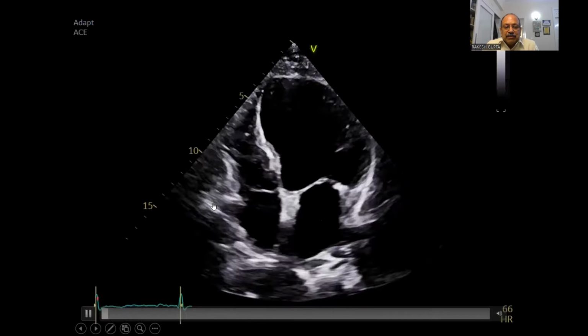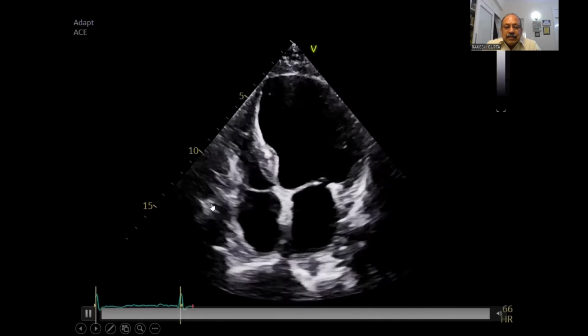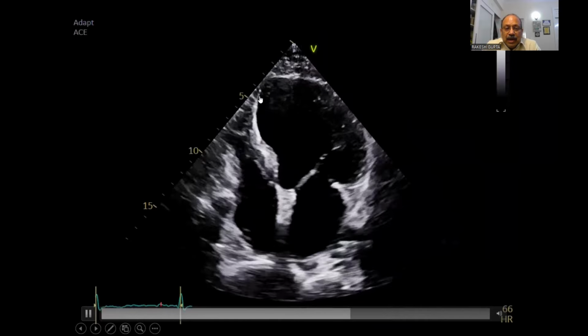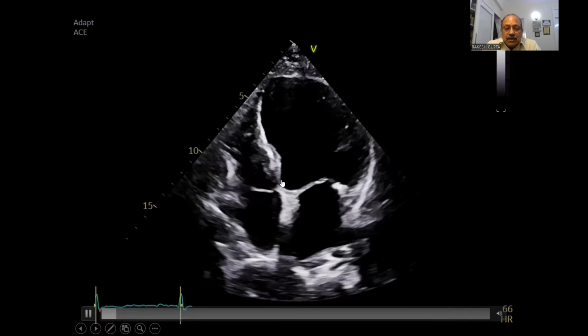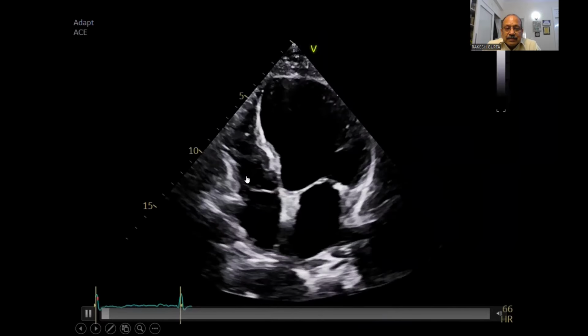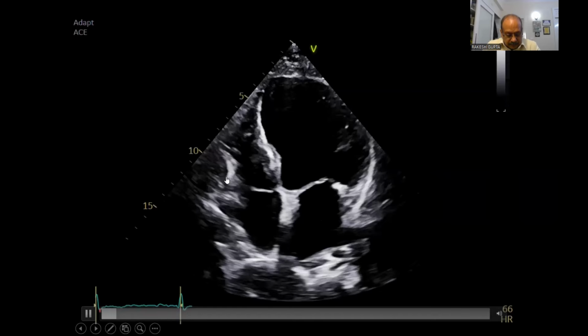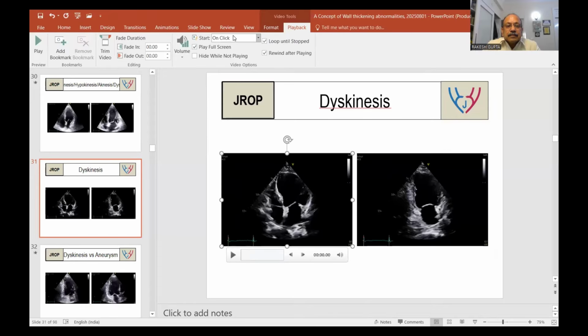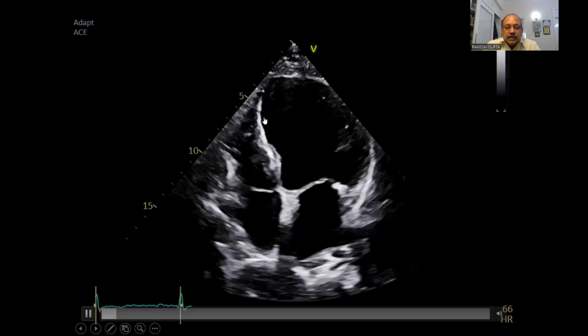Let's have one more example for dyskinetic. Now, if you look carefully, these are all akinetic segments, thinned out. Apex is bulging out with every systole. Correct?